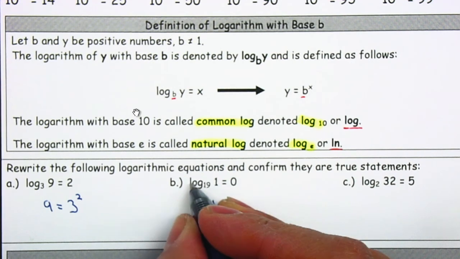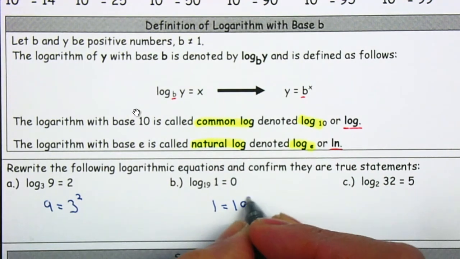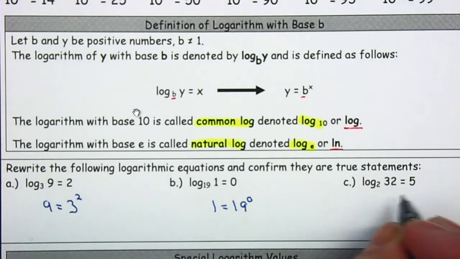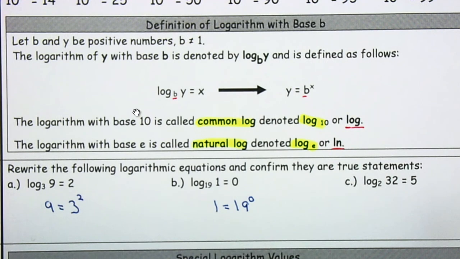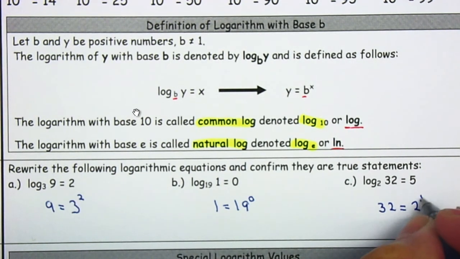This 19 is the log base 19. It becomes the base for the 0. And let's go and try the last one and see what you get. Go ahead and pause it. So this will be 32 is equal to, the 2 becomes the base for the 5.